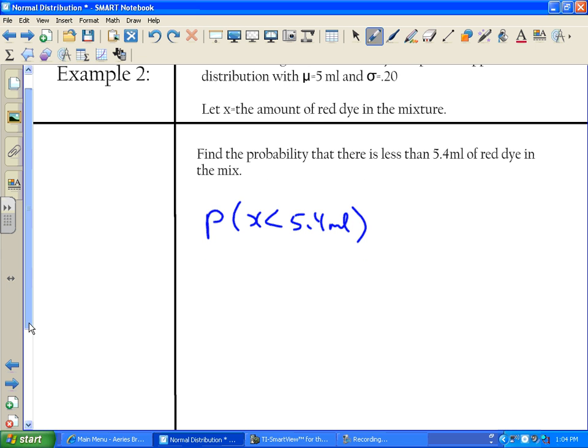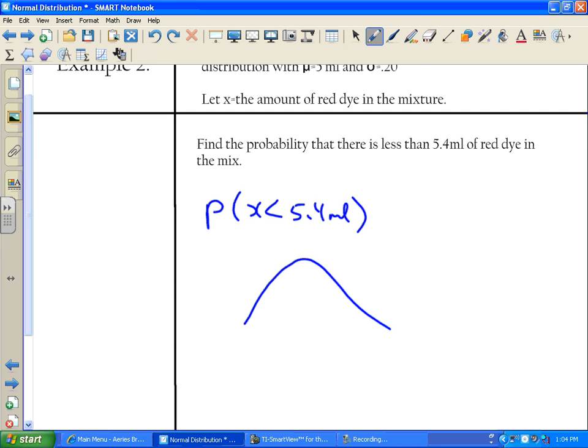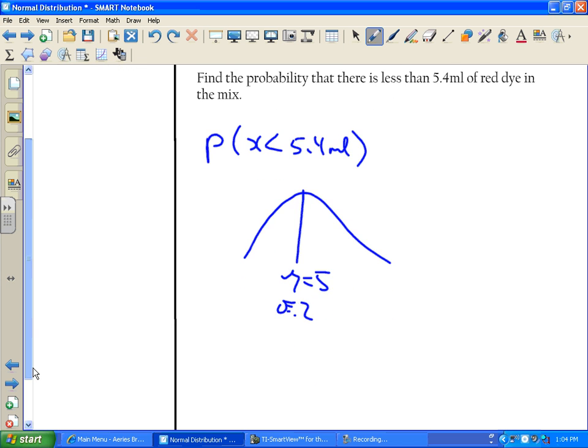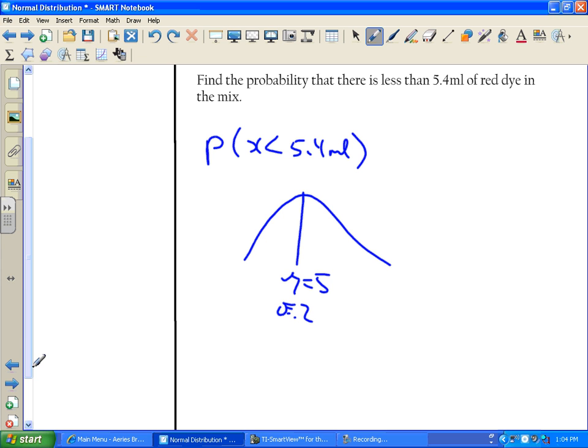I have a normal curve, and you will always sketch the normal curve for full credit. I have a mean of 5, and I have a standard deviation of 0.2. I want to know less than 5.4. 5.4 is above the mean, and I want less than that.